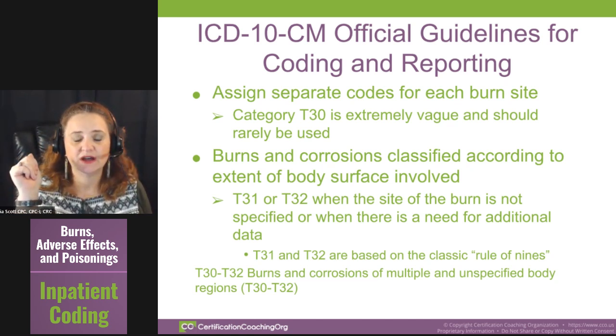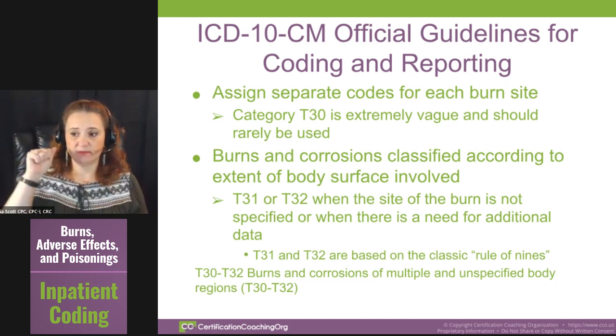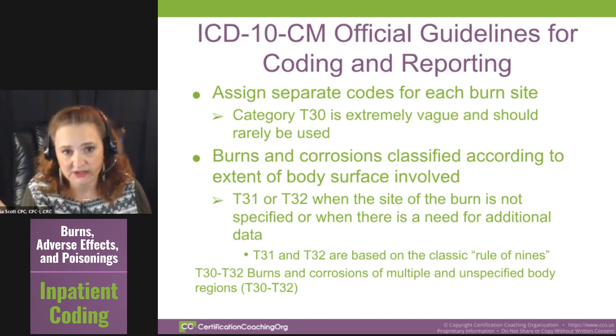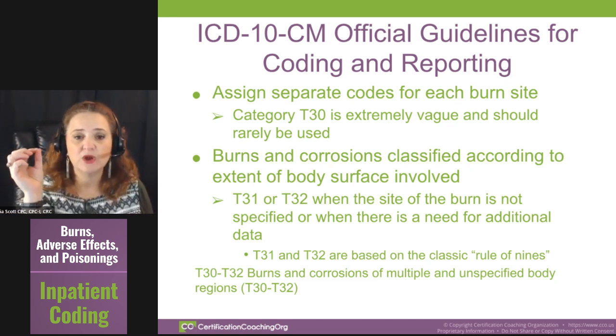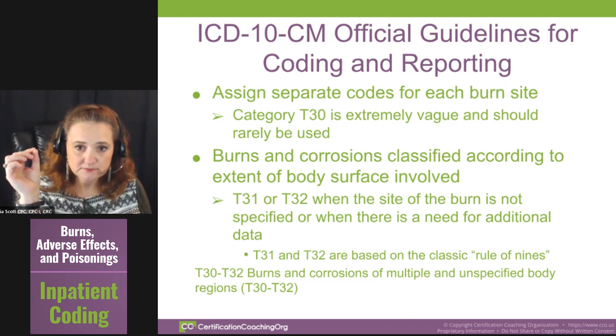If you have more than one site, okay, you're going to assign different codes to the different sites. So if I have second-degree burns on my arm, but I have third-degree burns on my chest, then again, those are two separate codes because you code by the anatomy or location, or thus site. Be aware of T30 codes, okay?